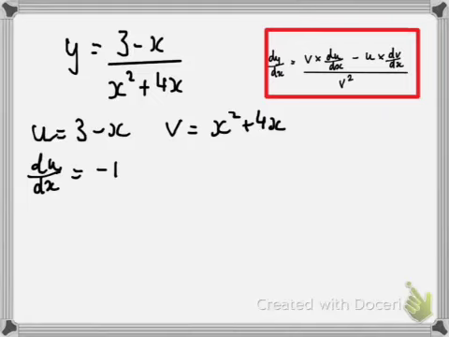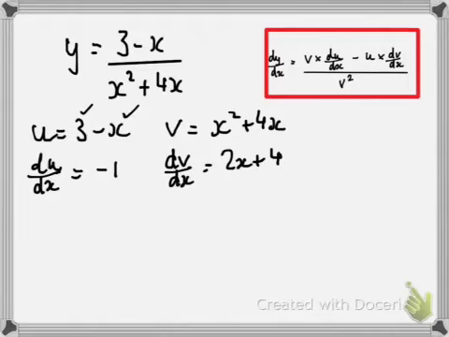That's because the derivative of 3 is 0, the derivative of negative x is negative 1. And dv dx equals 2x plus 4. So there we go. We've got our originals there, our u and our v, and our derivatives. So now we're going to apply the rule.